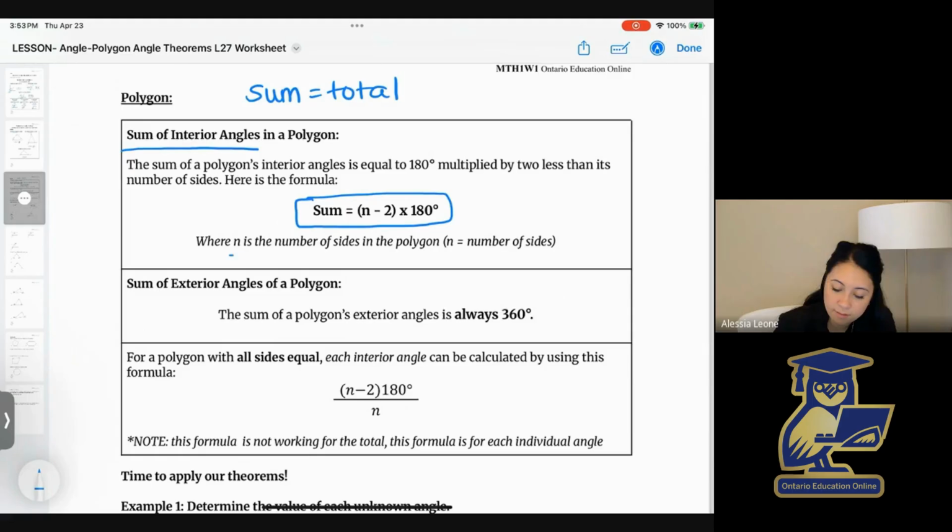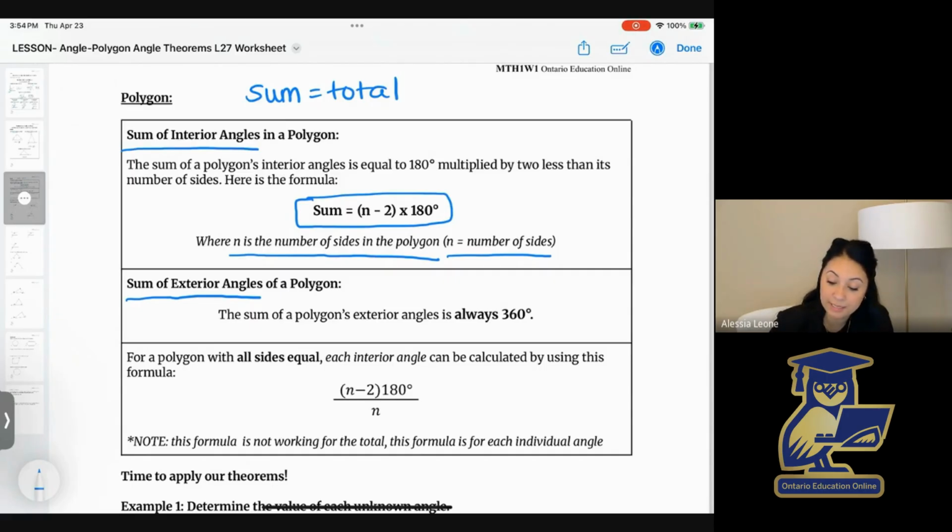N is the number of sides in the polygon. N is the number of sides. That is important for us to remember. The next theorem is the sum total of the exterior angles, the outside angles of a polygon.